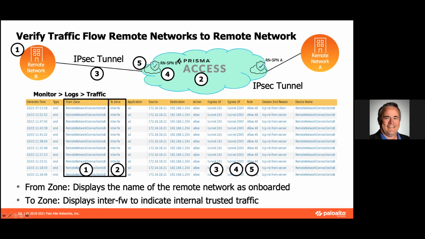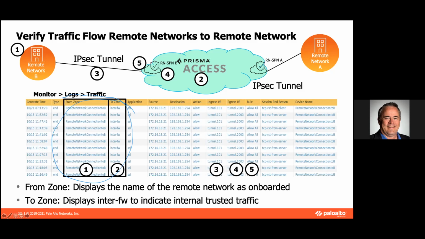One of the things is that when you're looking at the zones, the from zone and the to zone are going to be a bit different than they are with an on-premise firewall or any other type of firewall that we have, whether it's on-premise or in the cloud or things like that.